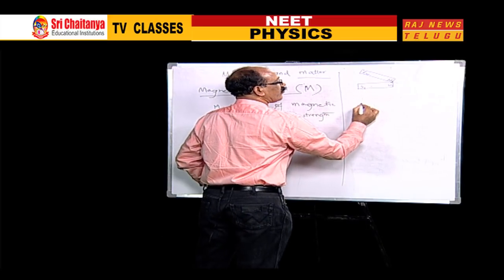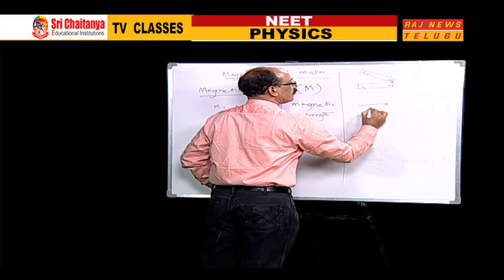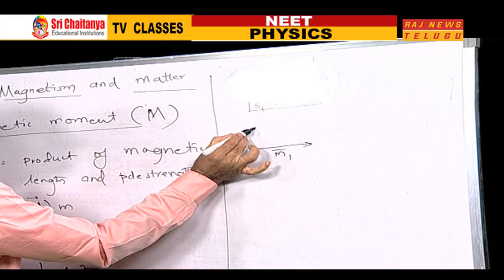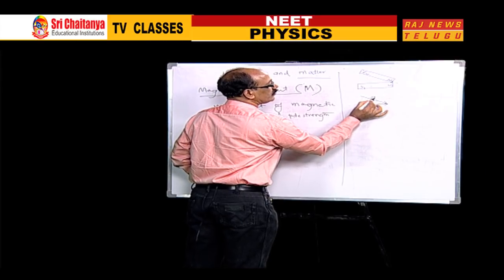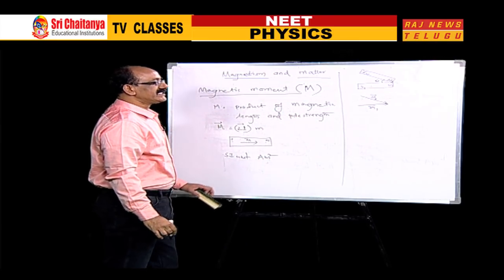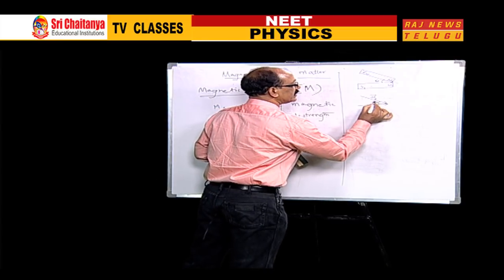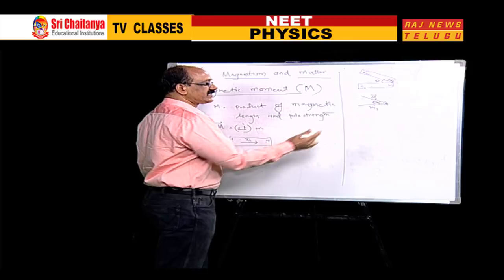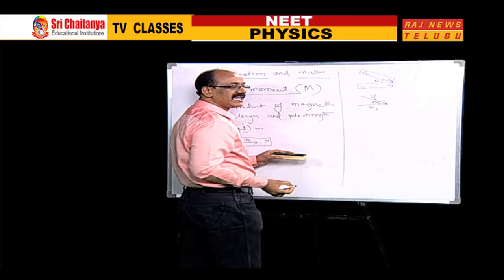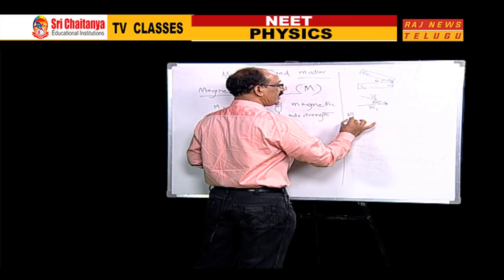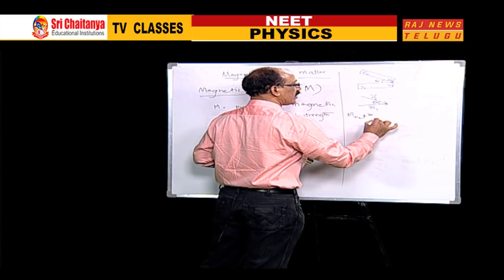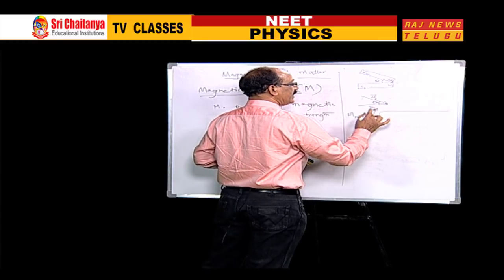Vectorially, M1 can be represented by an arrow from south pole to north pole, and M2 by another arrow. If these make an angle theta, these two vectors are coterminous, and that is the angle between the vectors. Hence the net magnetic moment of this arrangement is obtained from the parallelogram law of addition of vectors. We already learnt that.